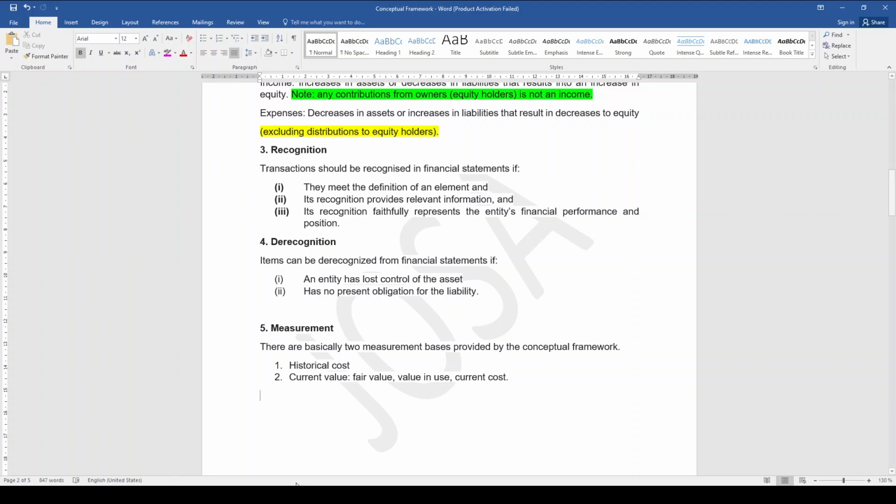The conceptual framework says make sure that you evaluate the characteristics of the assets or of the liability before selecting which measurement basis should be used.